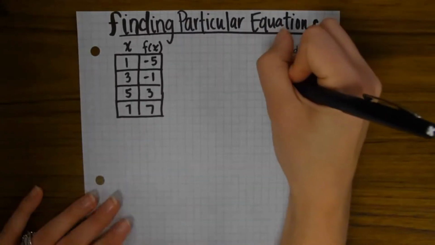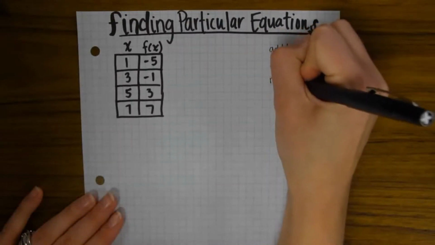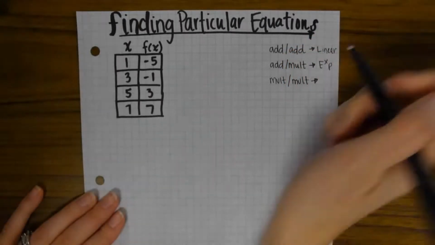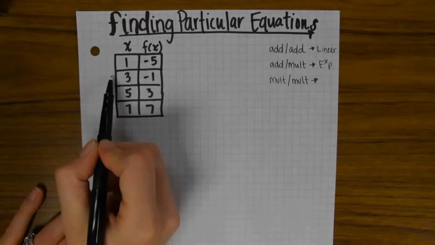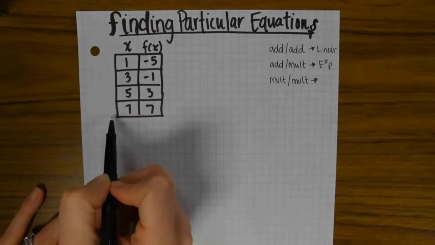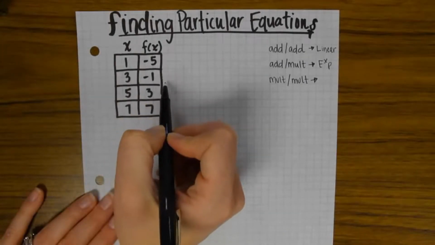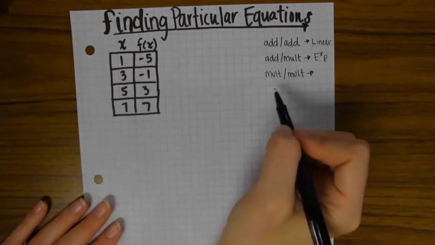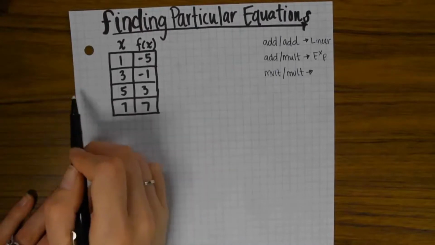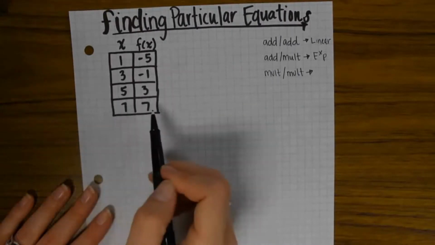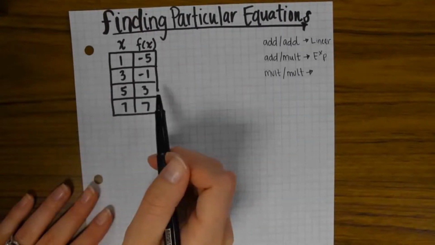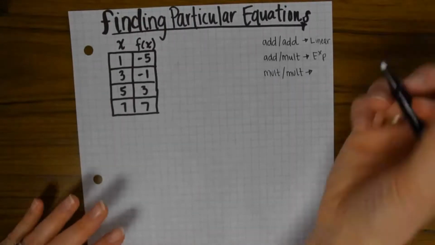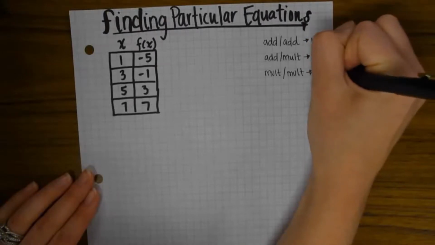Another type of pattern we might see would be multiply. What that would look like is as these are multiplying by a constant ratio, these are also multiplying by a constant ratio. Sometimes when we're looking at a multiply pattern, you will have to omit certain ordered pairs or certain rows in the table that don't help you. If this is the case, this is a power function.